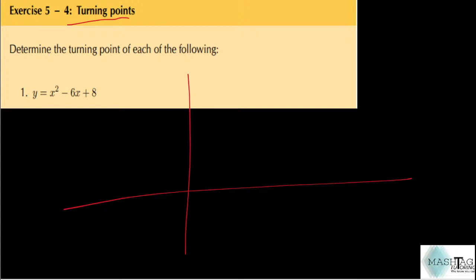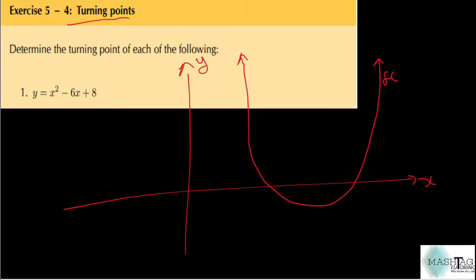For example, if you have a Cartesian plane with y-axis and x-axis, you can have a quadratic function going something like this, and both on the left and right hand side, it's going to infinity. We can call the graph f of x.